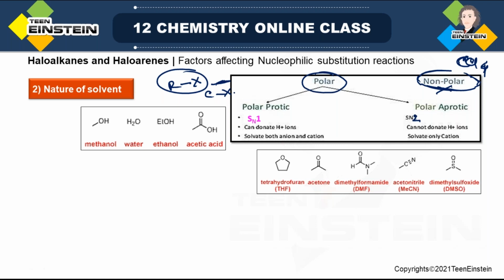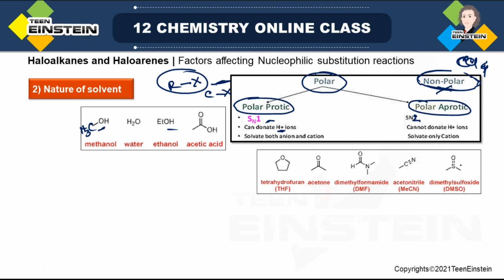Now under polar, two possibilities are there: polar protic or polar aprotic. Polar protic is mainly for SN1, and for SN2 it is polar aprotic. The feature of a polar protic solvent is that active hydrogen is present, so it can donate H+. Examples we have taken are water, methanol, ethanol, acetic acid, or any other carboxylic acid.